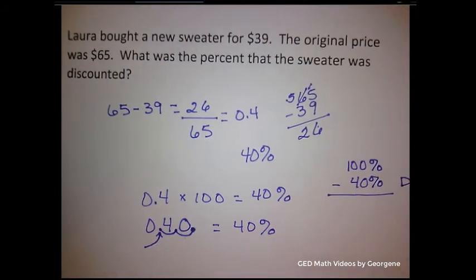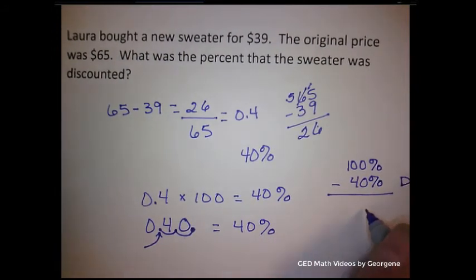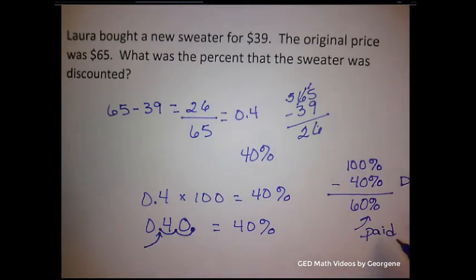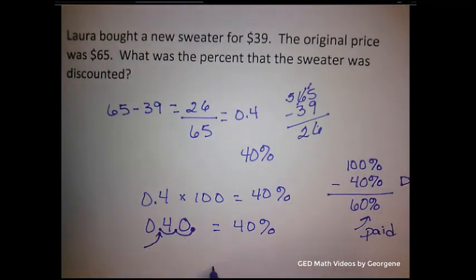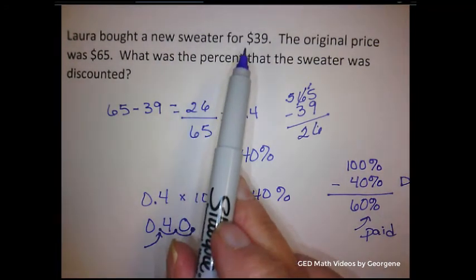If that's our discount, then that means that what we paid was 60%. That's what we paid, right? Our discount was 40% based on our calculations, so we paid 60%. We could simply take our original amount, $65, and take that times 60%, and let's see whether or not we get $39.